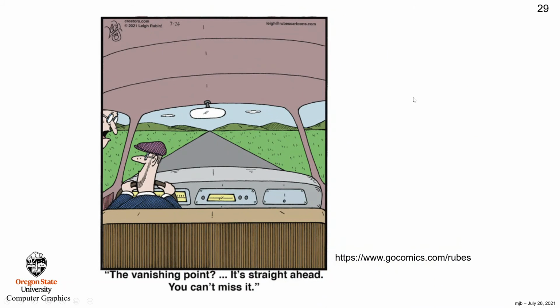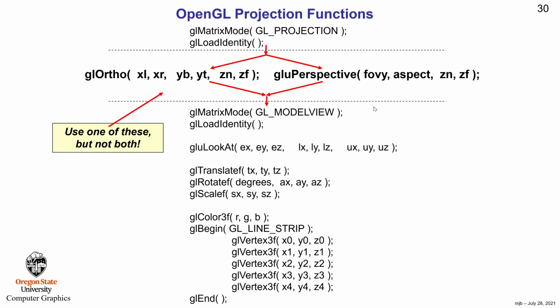There are nice cartoons about vanishing points and perspective. And in your code, and you'll see this in the sample code, typically we have a variable that's a mode. Am I in orthographic mode or am I in perspective mode? And then we put an if statement here.